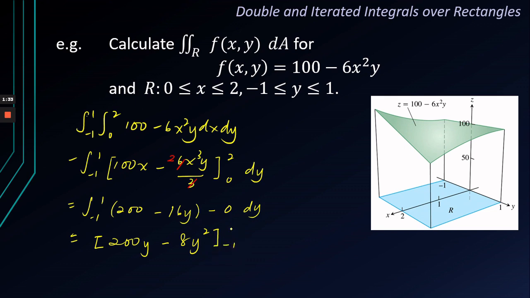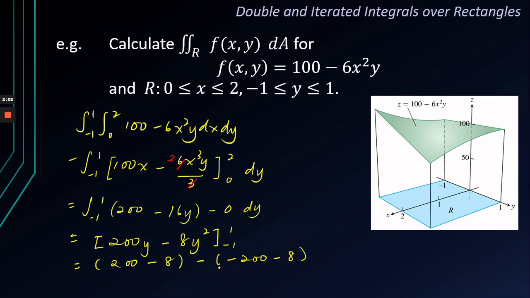So y is from -1 to 1. Then we continue with our steps, that is to substitute the upper limit into y minus the expression with the lower limit. We get 200 minus 8 from the upper limit, and from the lower limit it is -200 minus 8.